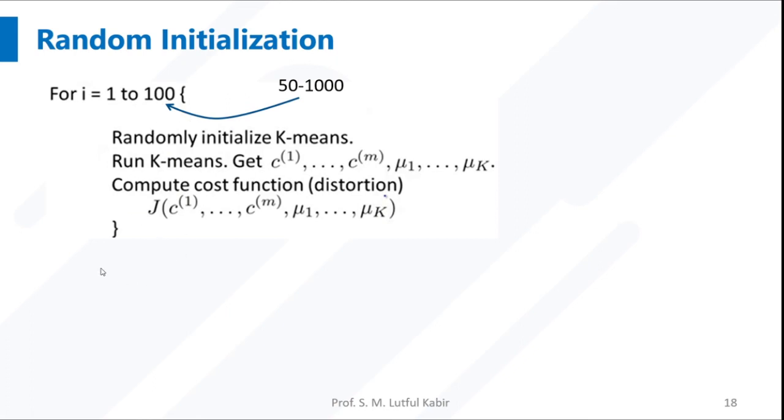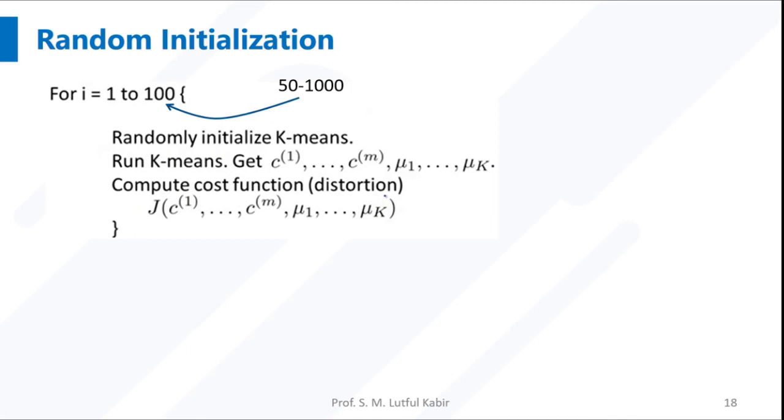So repeat several times until you get the minimum value. That means the cost function gives you different values for different iterations, and until you get that minimum value, you keep on initializing the centroids randomly.